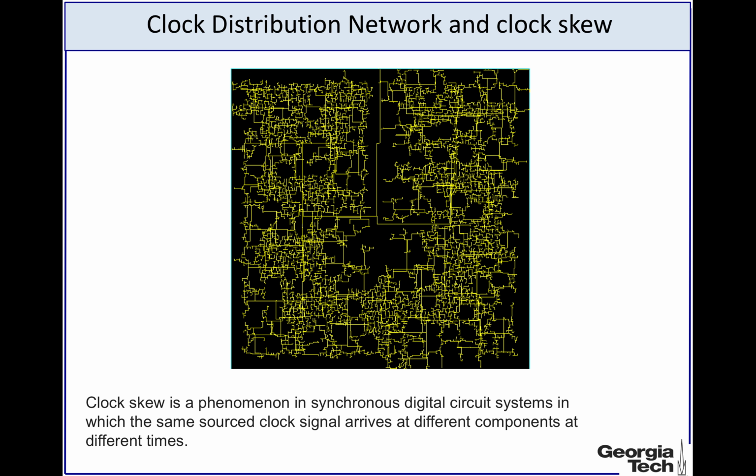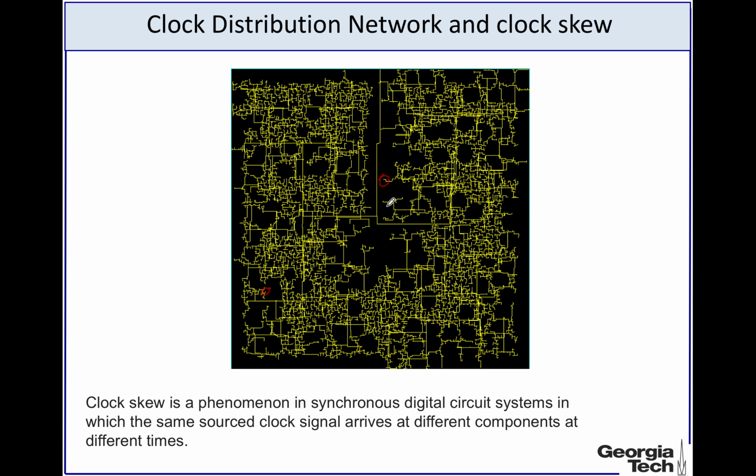All right, so we have had a short discussion about clock distribution networks, and the purpose of the clock distribution network is to make sure that the clocking signal reaches all the blocks at the same time. Say you have a block over here and another block over here.